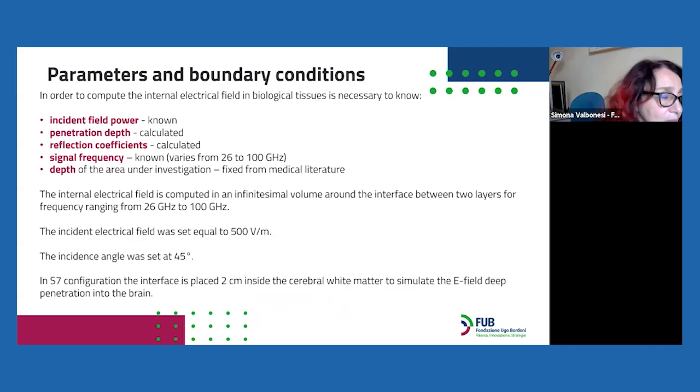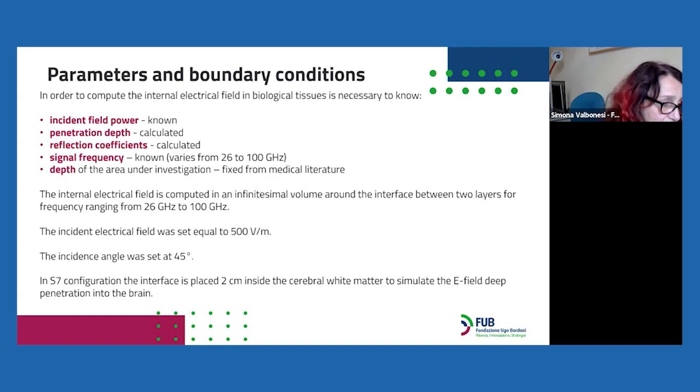Parameters. To perform the analysis, we use the following parameters. The parameters that should be known are the incident field power, which is known; we decided this value. The penetration depth, which can be calculated. The reflection coefficient, which can be calculated with the appropriate equations.